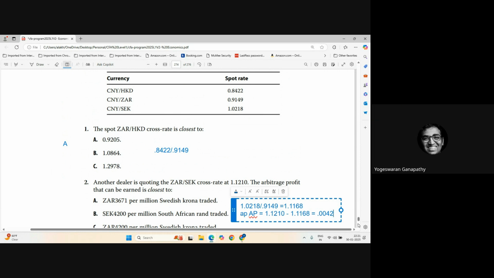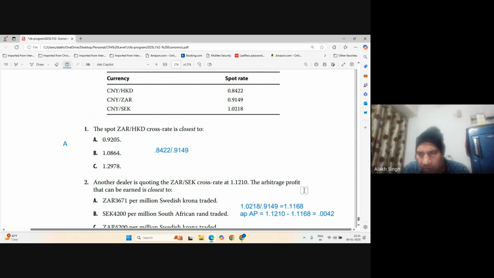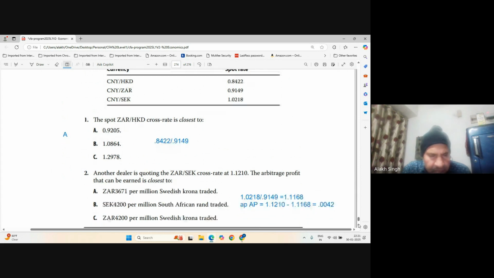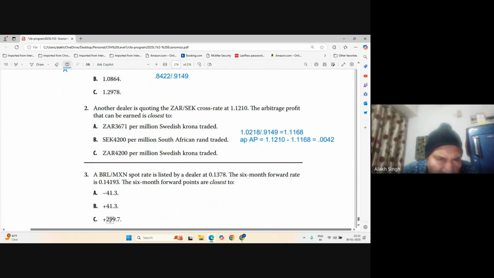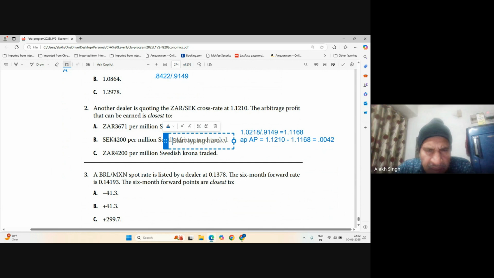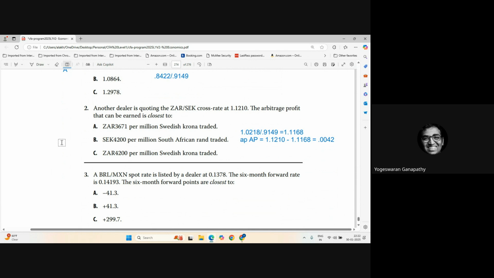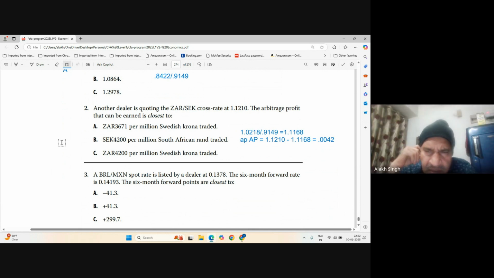B or C, which one? Let me see. Another dealer is quoting ZAR by SEK. Both are ZAR by SEK, and this dealer is giving the higher exchange rate.